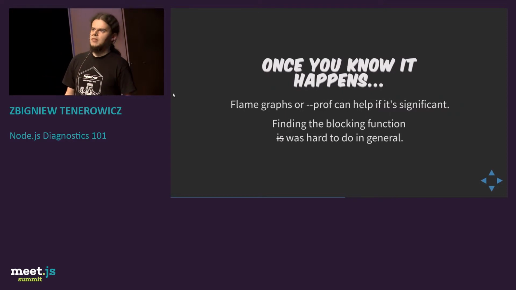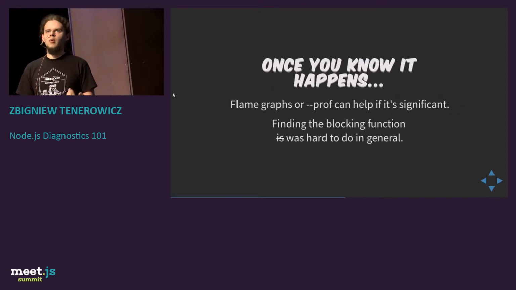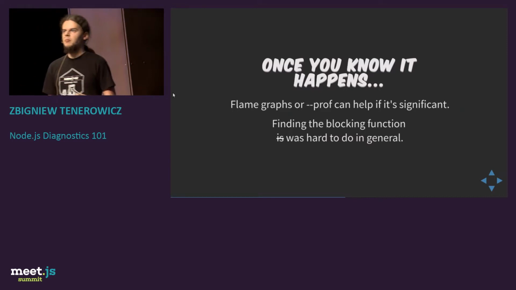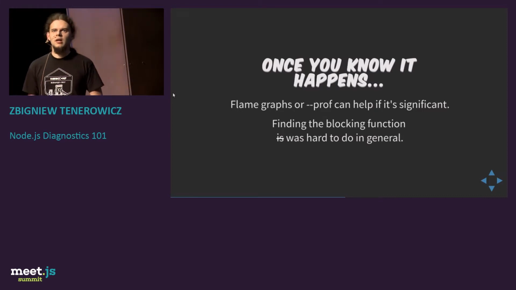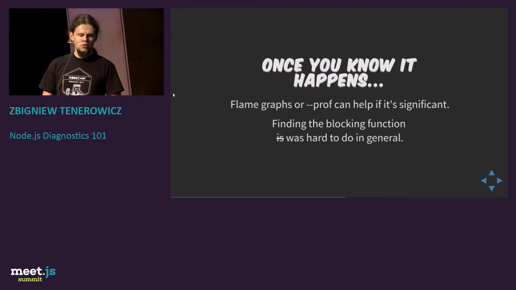So once it happens, you need to find out where. And you can use flame graphs or profile the app to notice what's taking a lot of time, if you can trigger it a lot of times. But if it's not that easy, well, we didn't have a good solution for it for quite a while. But that's not true anymore.